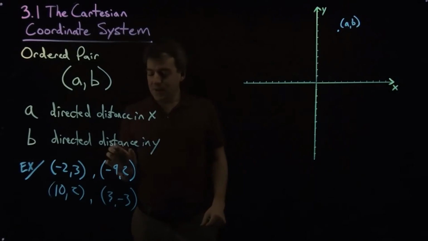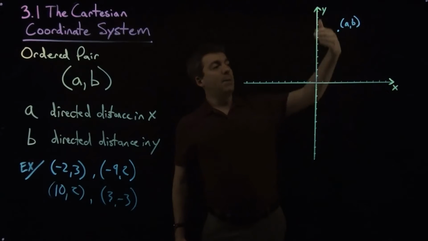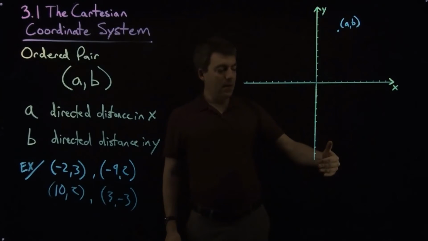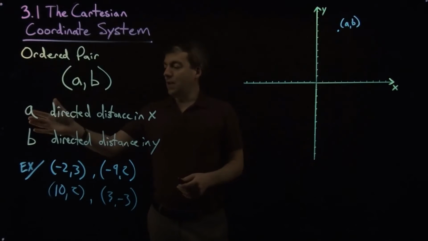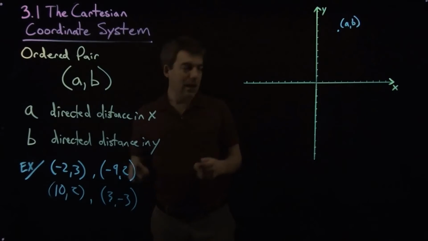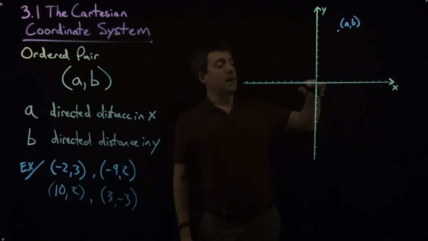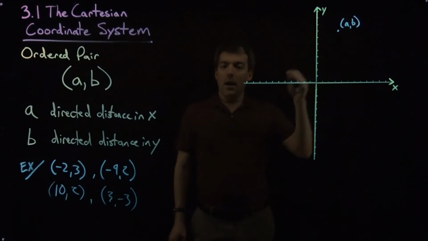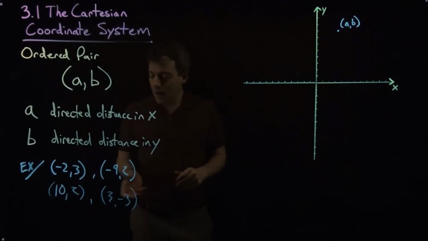B is the directed distance in the y direction. So positive in the y direction would be up, negative would be down. Then we just take the values and march how far we need to go in the x, and then however far we need to go in the y. Where that is, label that the point. Okay, so let's go ahead and plot these.